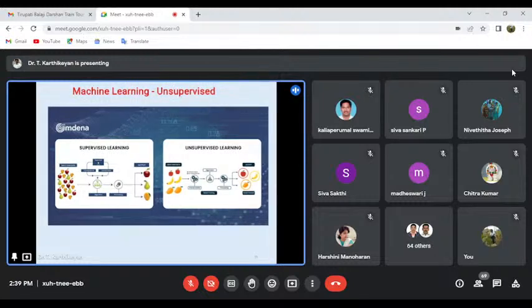Let the machine predict how many voters would vote for X political party and how many would vote for Y political party. Based on the system, we can define which party has more votes.